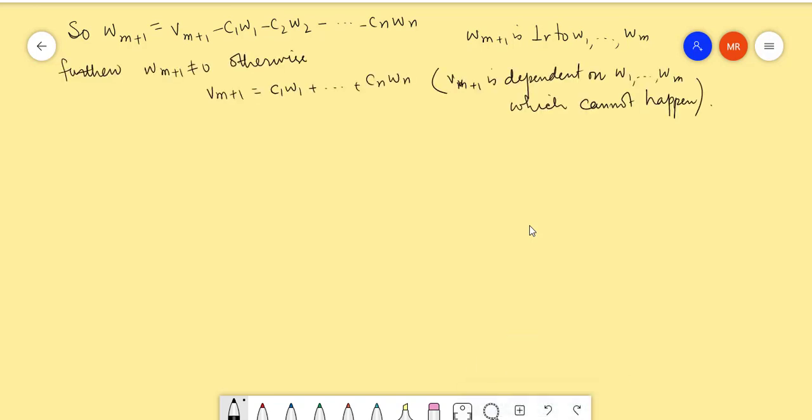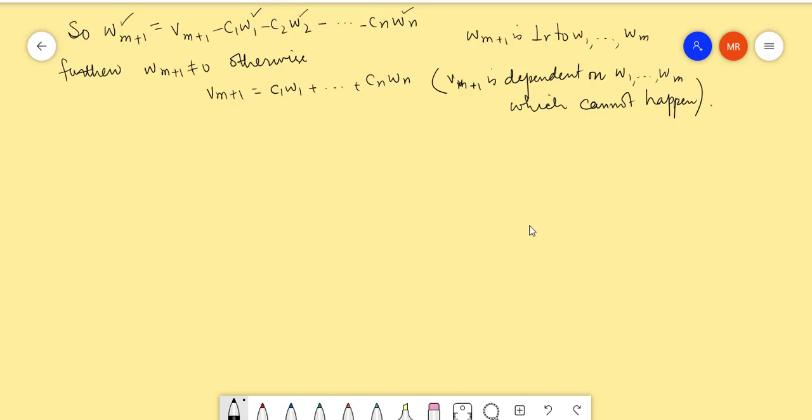And hence we construct the new vector W_{m+1} as V_{m+1} minus C1W1 minus C2W2 minus CnWn. And hence, by our previous discussion, this W_{m+1} is perpendicular to W1, W2 up to Wn. And additionally, this W_{m+1} cannot be 0.